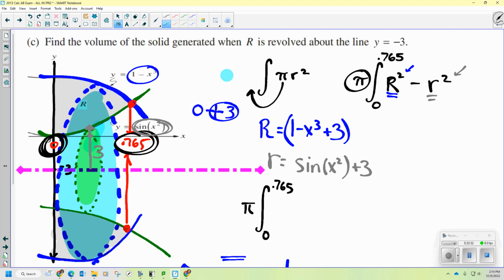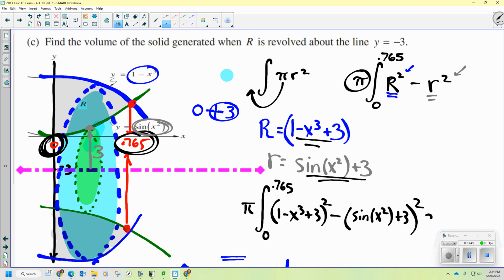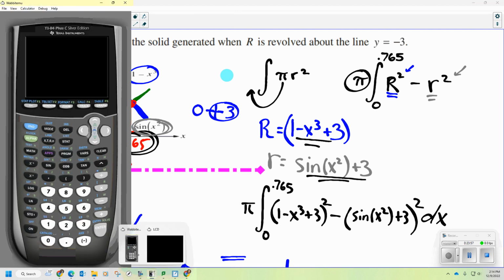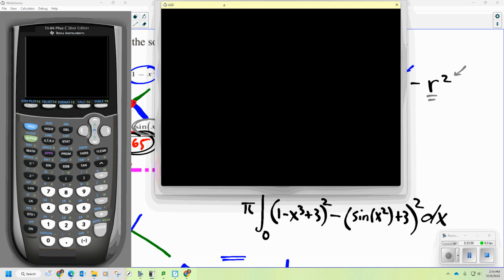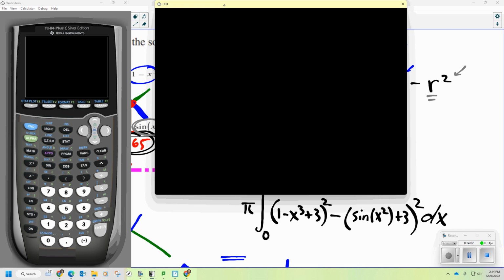It's my bigger radius, 1 minus x cubed plus 3 squared, minus my smaller radius, sine of x squared plus 3 squared dx. Be careful putting this into the calculator. We have done so much really, really nice work. It would be a shame to mess up at this point.